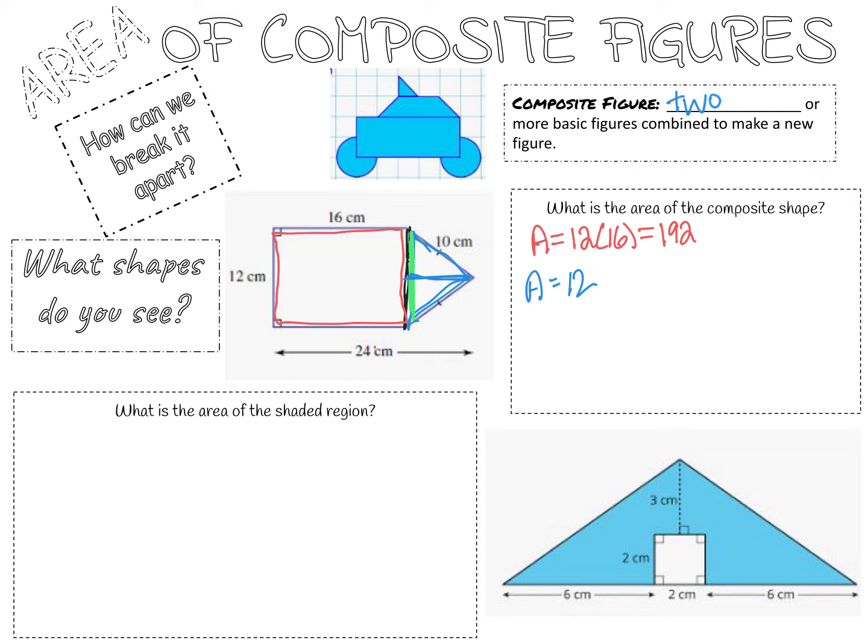But because I know that this full length is 24, and at this point it's 16, I can take 24 minus 16 to figure out what is left, which gives my height of my triangle as 8.